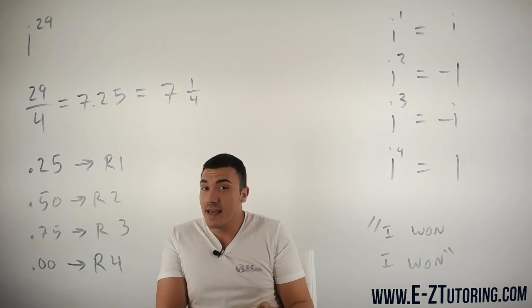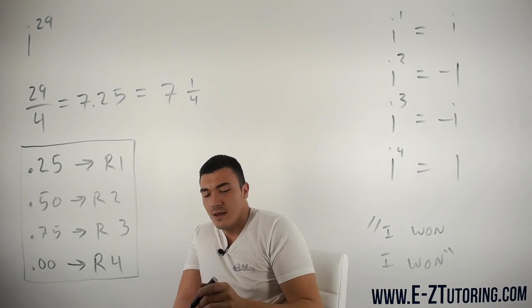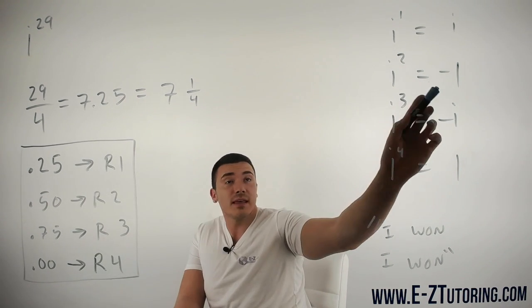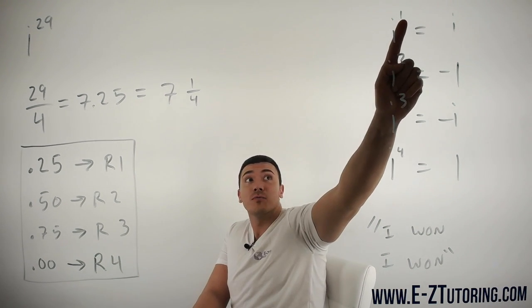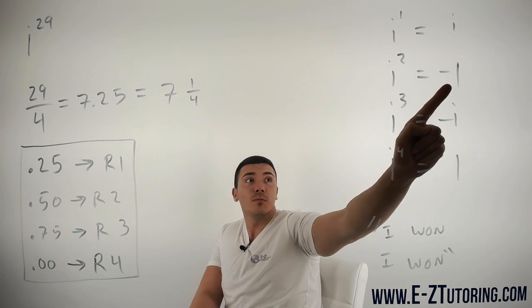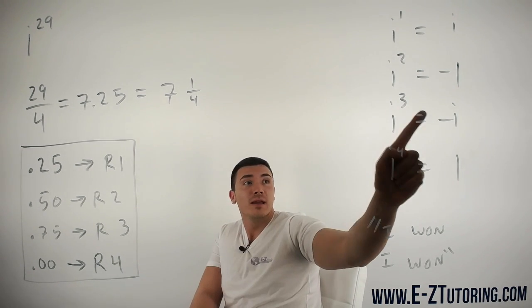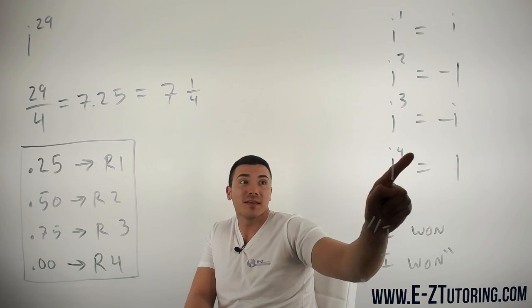You'll see why I did that in a second. Whatever your remainders are, you want to use this with this. If we have a remainder of 1, that's like having a power of 1 left, so you put i. If you have a remainder of 2, you put -1. Remainder of 3, you put -i. Remainder of 4, you put 1, because it's like a power of 4.